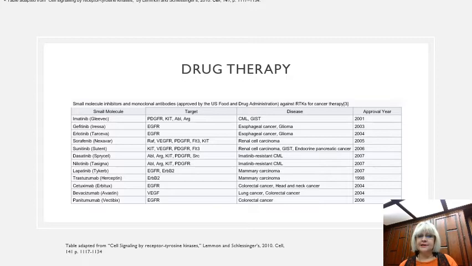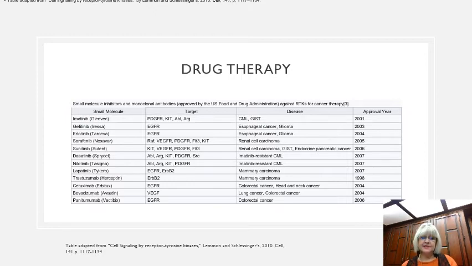You can see the renal cell carcinoma and the year that it was approved in 2005. Lung cancer, colorectal cancer. There was approval for this drug in 2004, and esophageal cancer, there were treatments that were approved in 2003 and 2004.